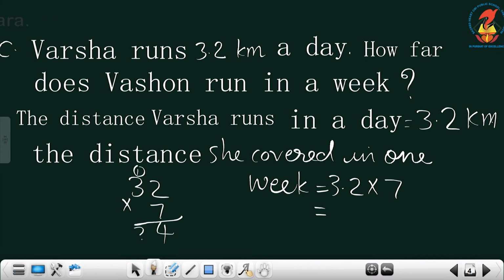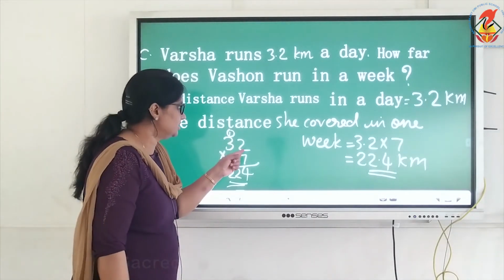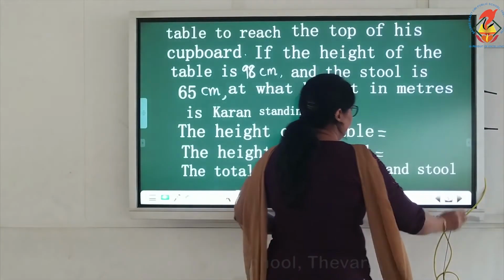And 3 sevens are 21 plus 1, 22. After that we need to put one decimal point there. So the answer is 22.4 kilometer she covered in 1 week. Is it clear, children? You know how to do this. 22.4 kilometers she can finish in 1 week.